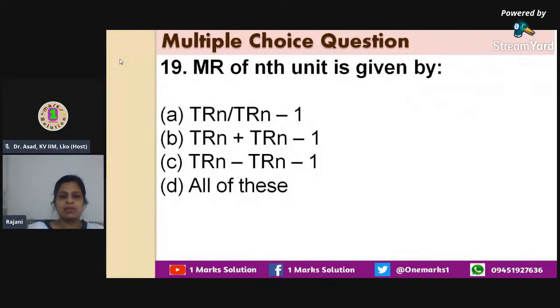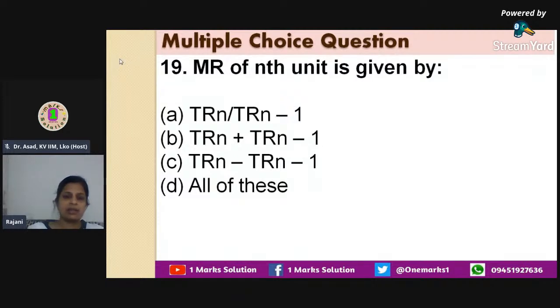Then next question, we already discussed this. I think you've got this one. You know what marginal revenue is. We discussed it many times: the additional revenue received from an additional sale of output. That is total revenue received from the current unit minus total revenue received from the previous unit.